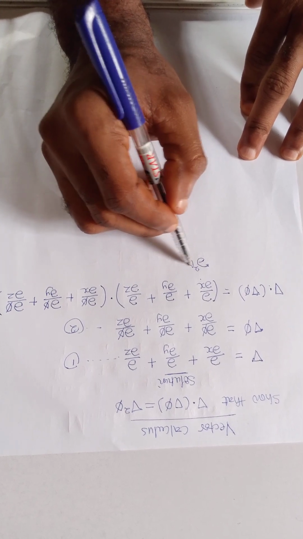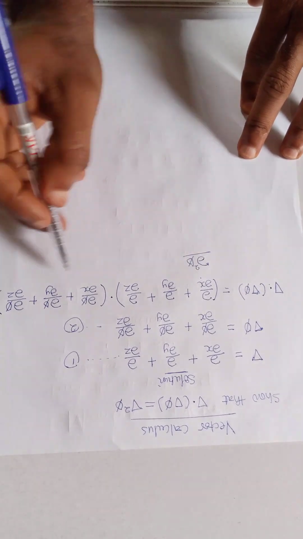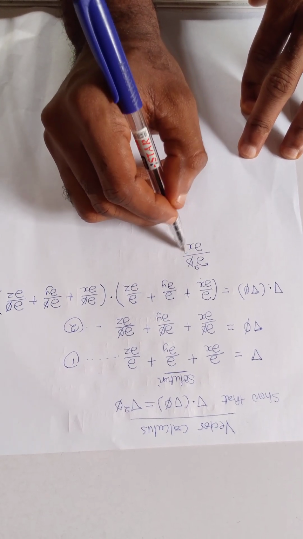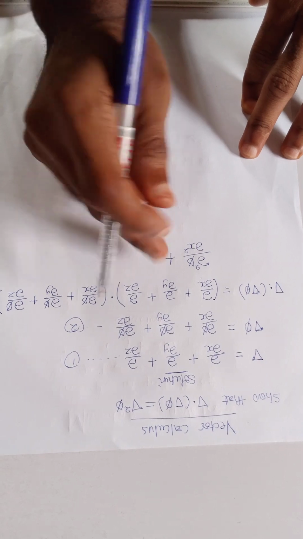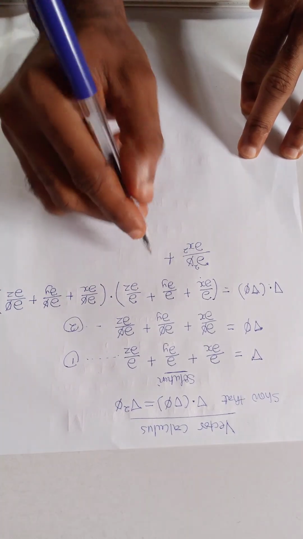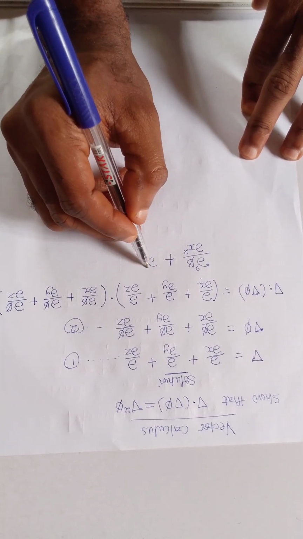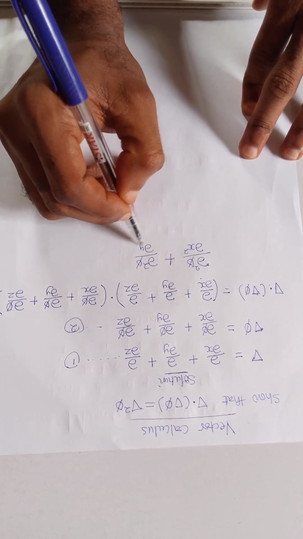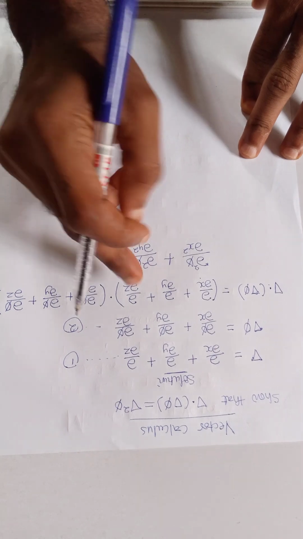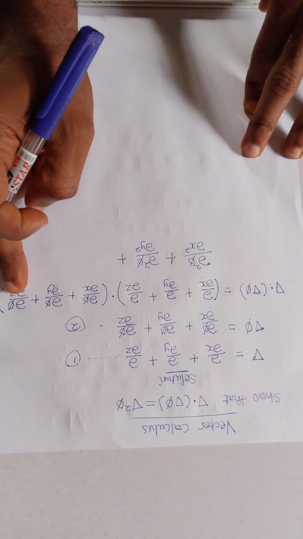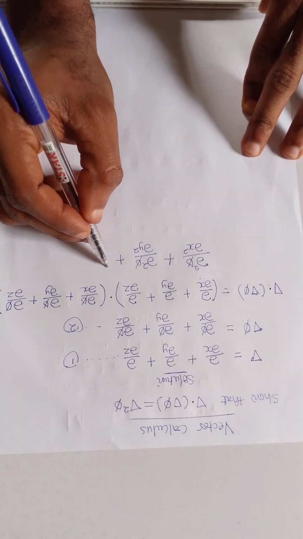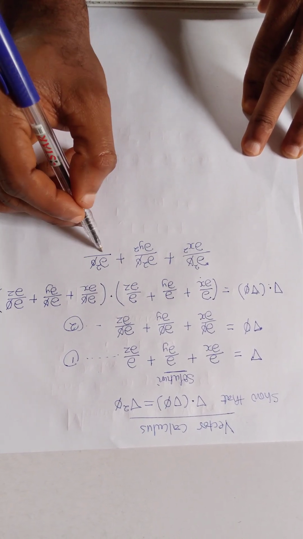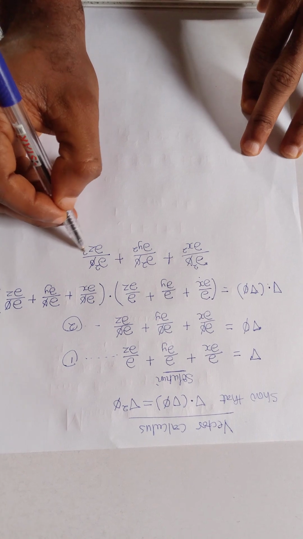partial derivative square phi over partial derivative x square plus this multiplying this gives us this, and this multiplying this will give us this, z square.